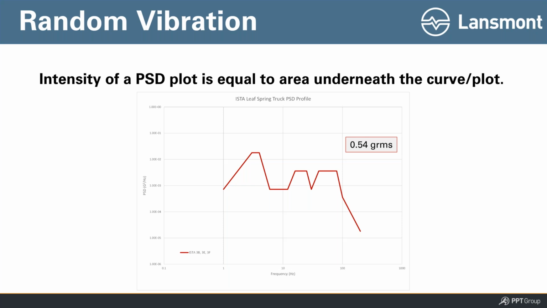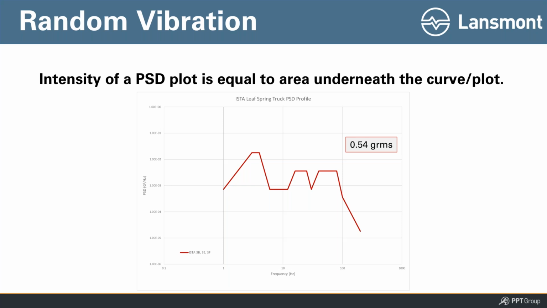That basically means the intensity of the profile, how severe the profile is. And if you were to run that on a machine in your laboratory, you would have a GRMS associated with it of 0.54.